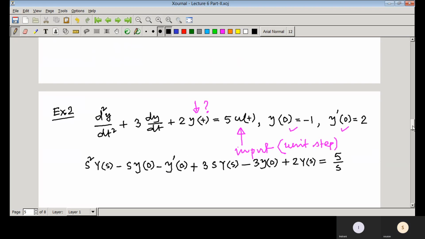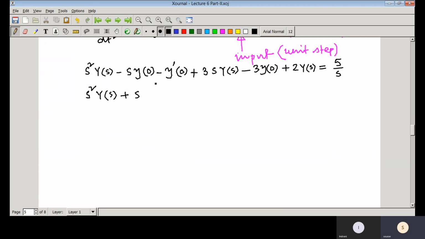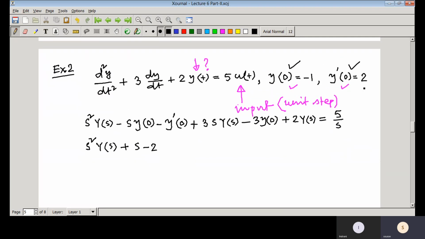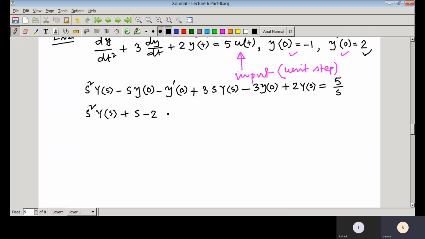Now we replace the initial conditions. We will get s²Y(s) + s, as y(0) = -1, and y'(0) = 2, so that would be -2. Now 3sY(s) + 3, since y(0) = -1, plus 2Y(s) equal to 5/s.